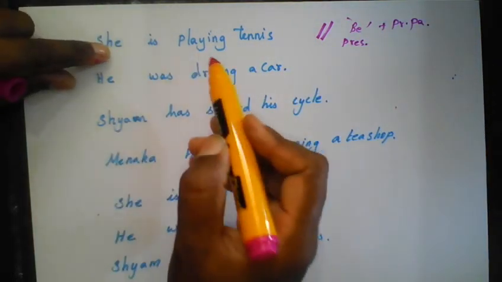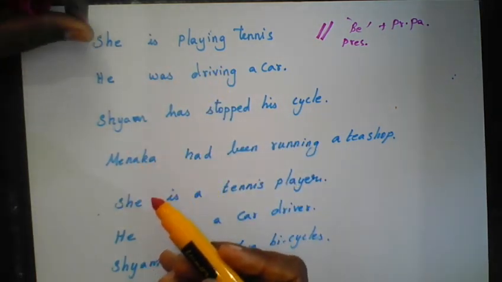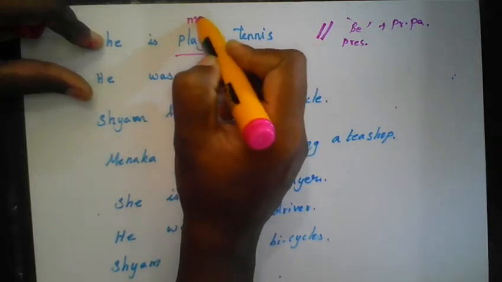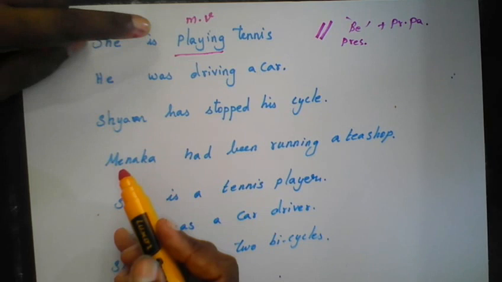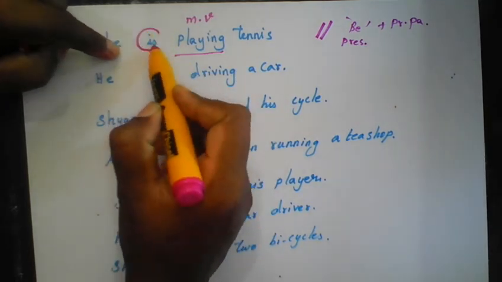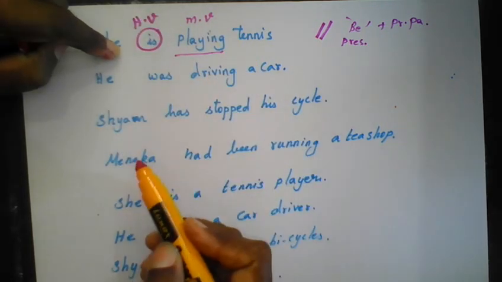Now see, she is playing. What is the verb here? What is the action she is doing here? Playing, right? So playing is your main verb. And what is this be verb doing here? It helps. So it is a helping verb.